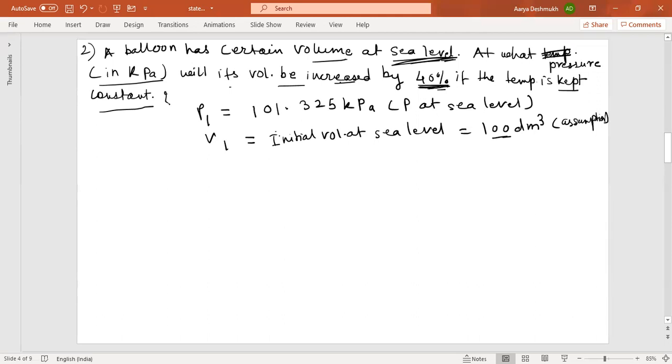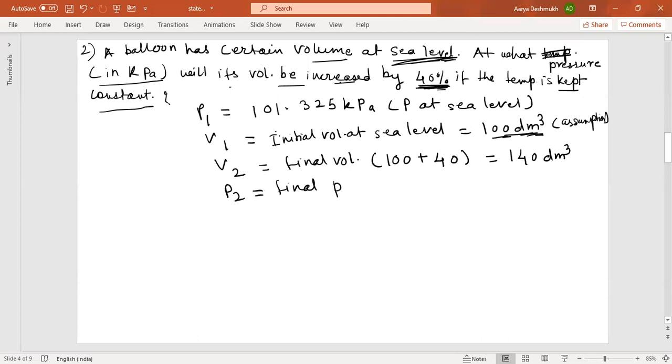Now V2, the final volume, is 100 plus 40, that is 140, because we took this as the initial volume and it has to be increased by 40%. Now we need to find P2, that is the final pressure.